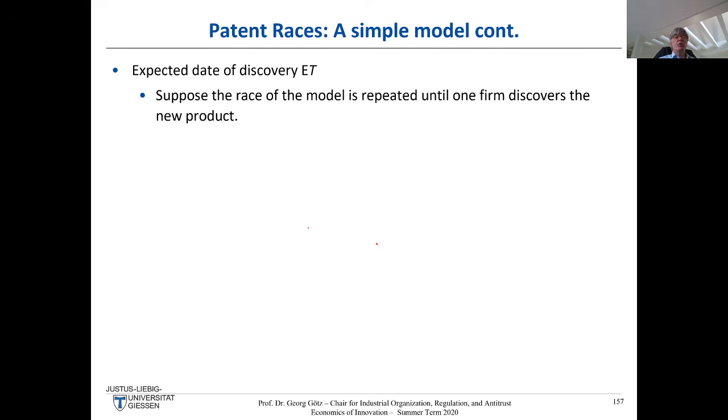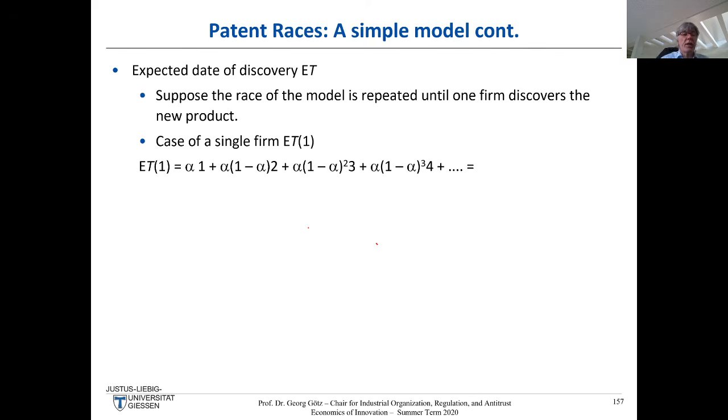Now, in order to look at the expected date of discovery, just suppose that the race of the model is repeated until one firm discovers the new product. If you have a single firm, what does that mean? In period one, the probability that you have a success is alpha.